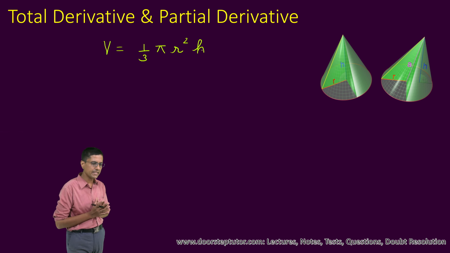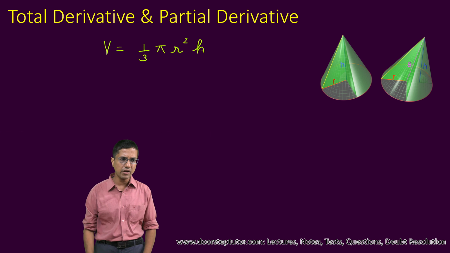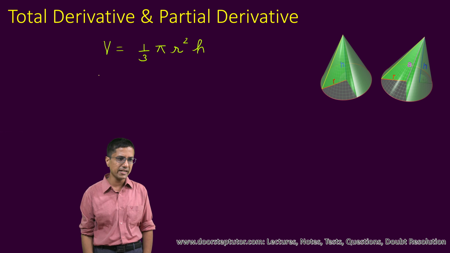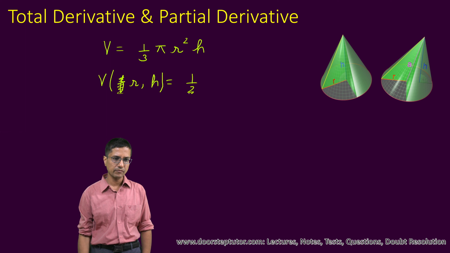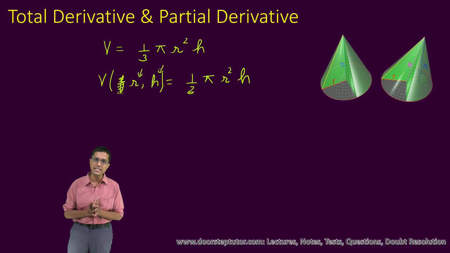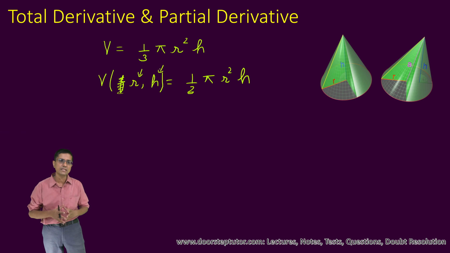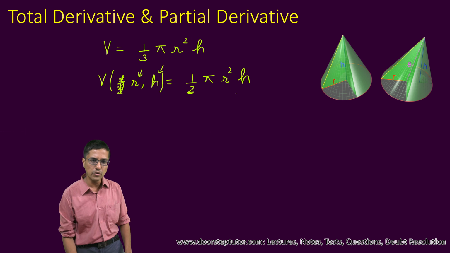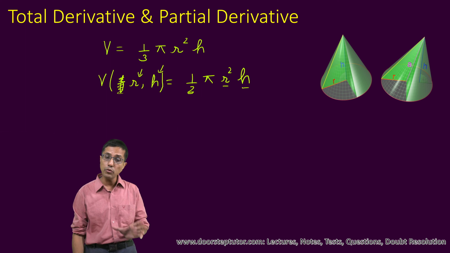So here, v is a function of both r and h, and we have to explicitly mention that. We are saying that v varies with both r and h. So there are two variables in this equation. It is not only r and not only h. Both of them vary.